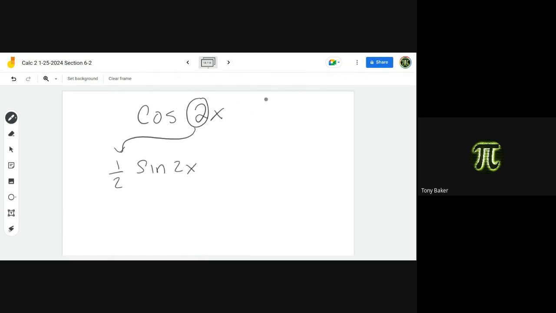So if I had 1 over 2x, the same thing happens. I have the 1/2 because that becomes the 1/2. Actually, I'm not going to do 1/2, I'm going to do 5x. So that becomes 1/5. And then the integral of 1 over x is the natural log of 5x.